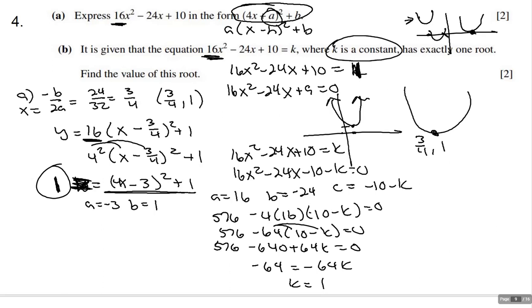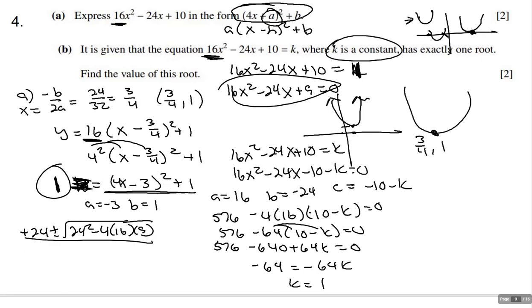If I'm solving this one, I'm going to do negative b plus or minus the square root of b squared minus 4 times 16 times 9, all divided by 2 times 16. Plug that in your calculator and tell me what x is going to be. Pause it and start back up again when you're ready.